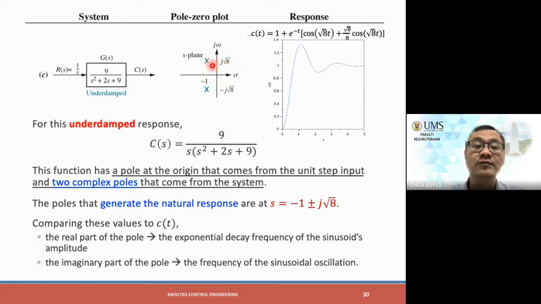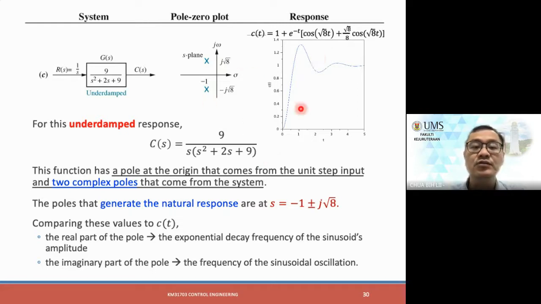Therefore you have to mark over here as well as the other side. So for an underdamped system, you have two complex poles, meaning the complex poles will appear not lying on any of the axes. As long as there is this component, it is not a real pole.